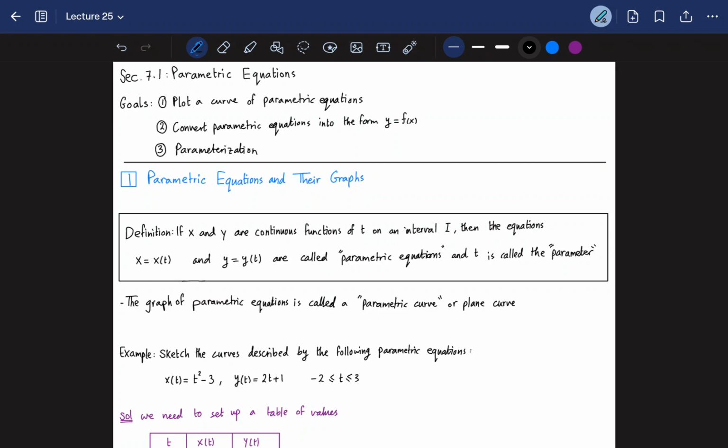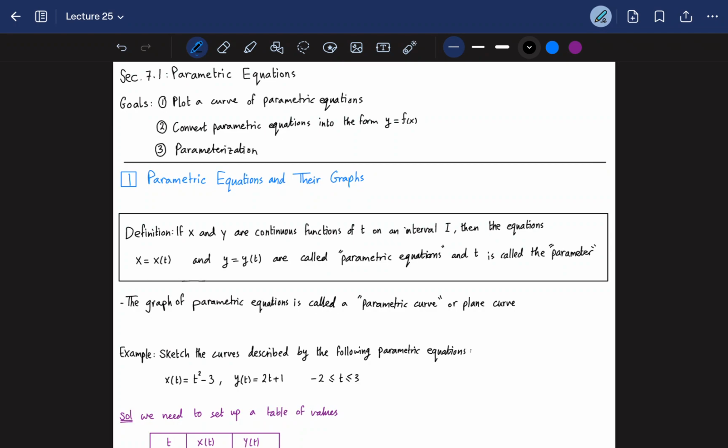Now the reason why parametric equations are useful is because we use them to describe curves that are not necessarily functions. If we have a parameter that's independent, but x and y depend on it, as the parameter increases, the values of x and y will trace a curve, or a path, along our plane.